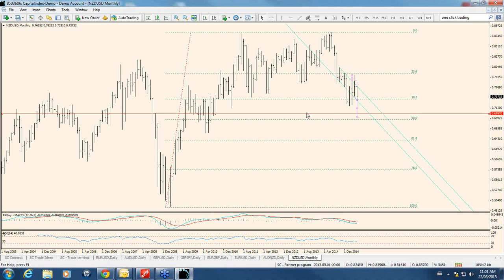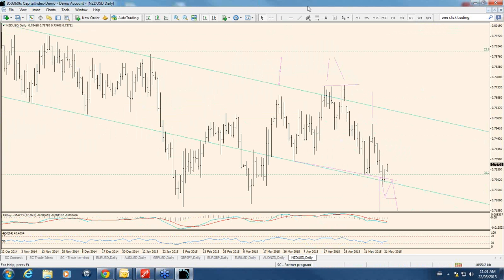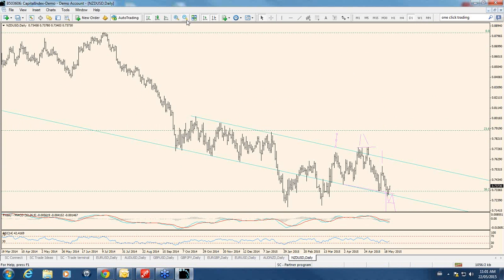In here, if you look at the bigger picture, it is sort of above the middle of our chart. If you look at the smaller picture, if you look at your daily, okay, let me just zoom in a little bit. If you look at your daily, you can say, yes, it's at the bottom of this one.